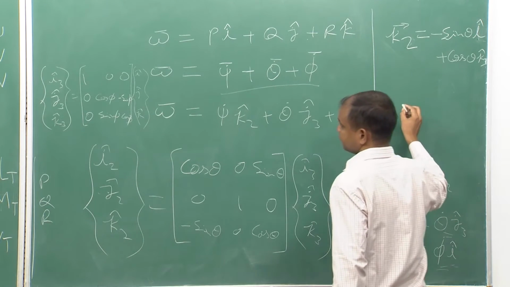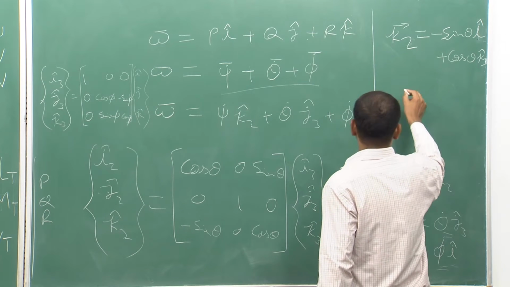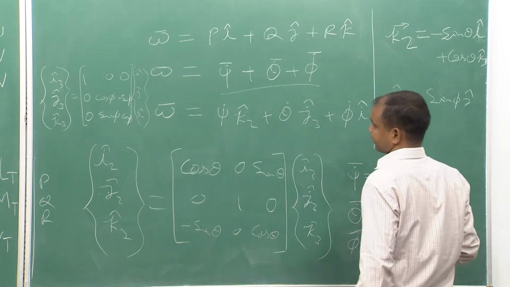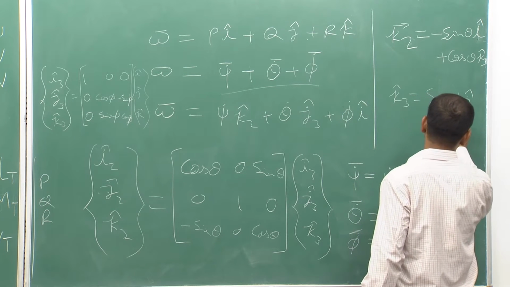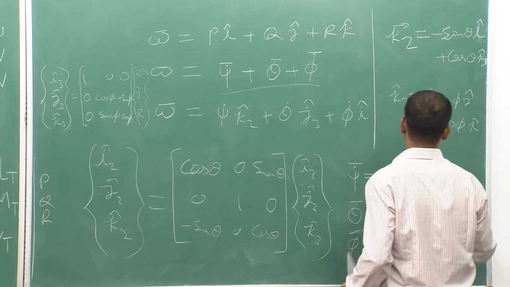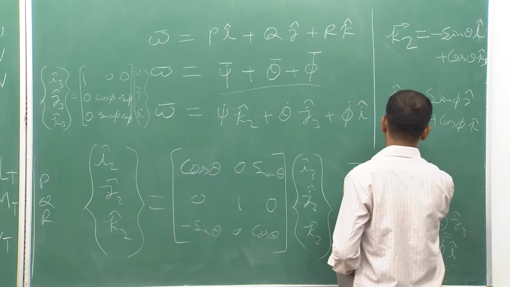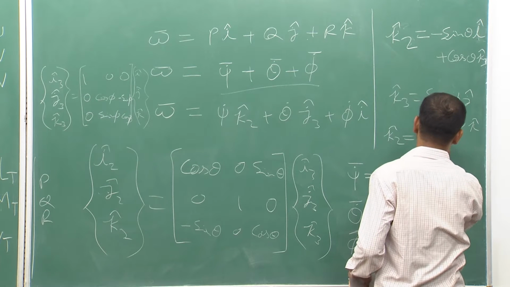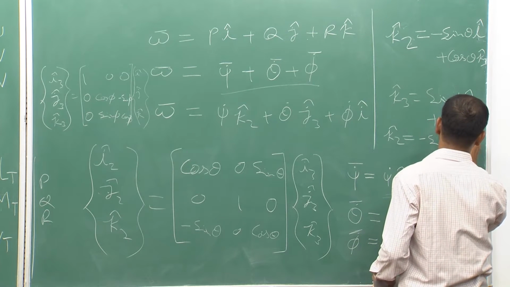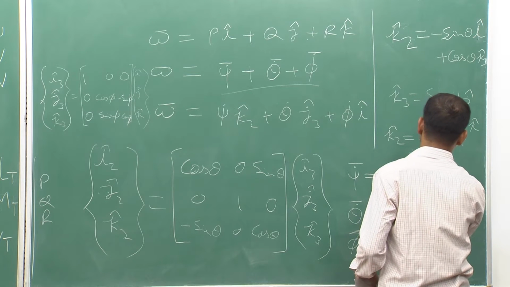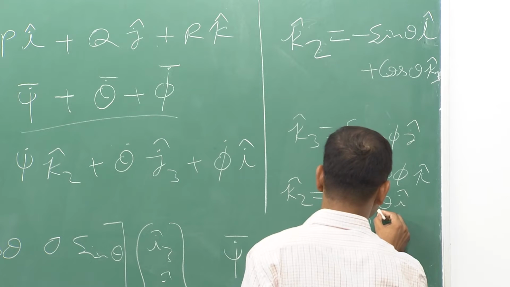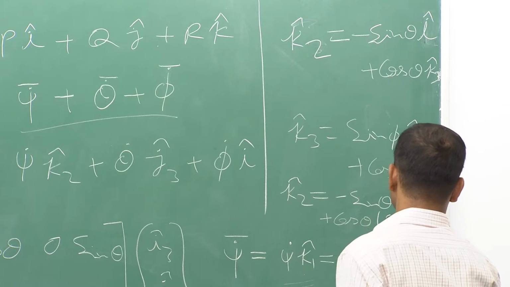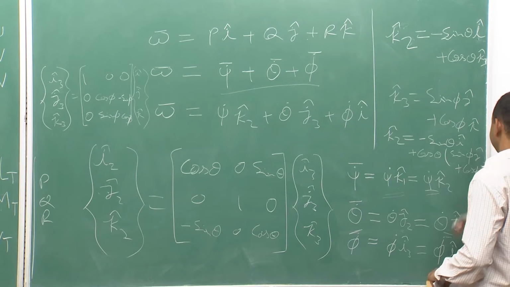K3 is sin phi j plus cos phi k. And if I substitute it here, I will get K2, this unit vector, minus sin theta I plus cos theta times K3, which is sin phi j plus cos phi k.